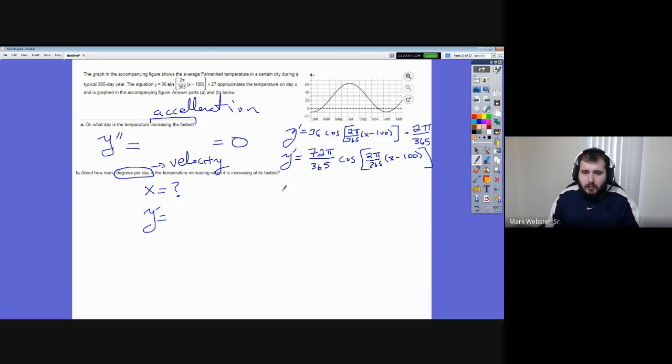So y double prime. Once again, take the derivative of the cosine as negative sine. Sine of this thing, 2 pi over 365 times x minus 100.